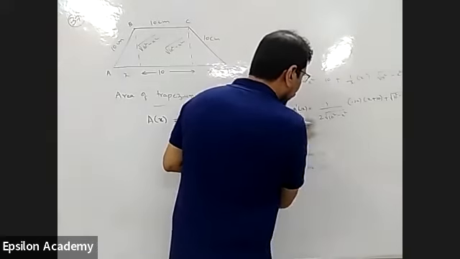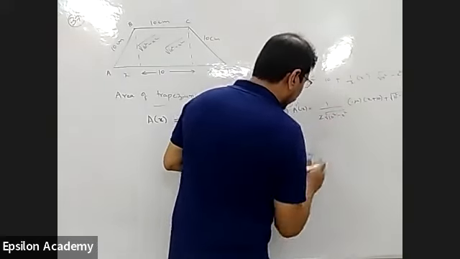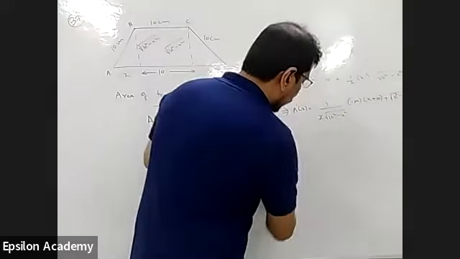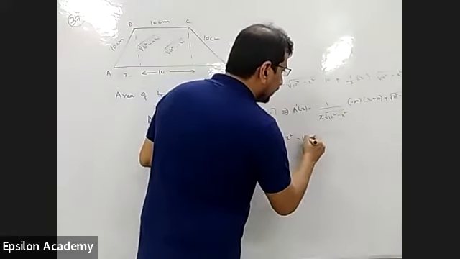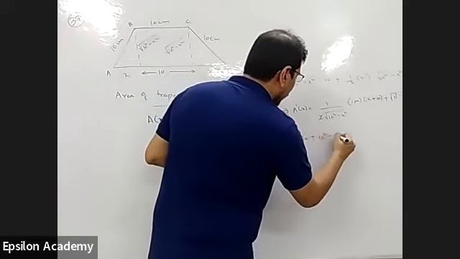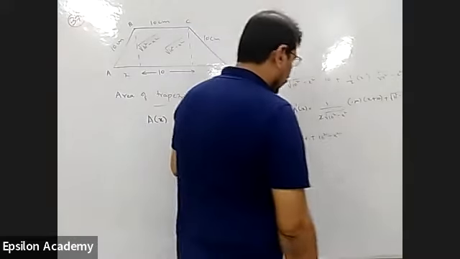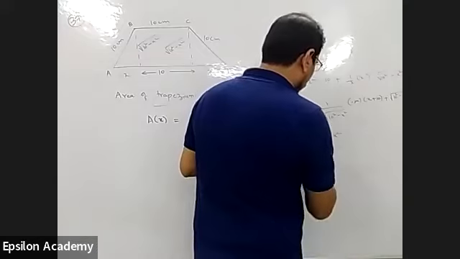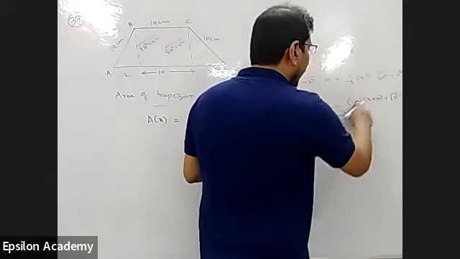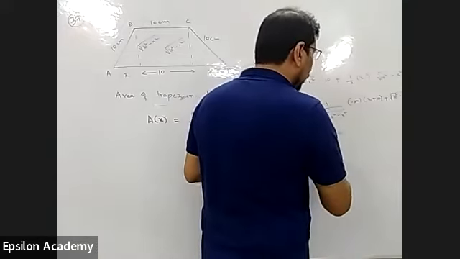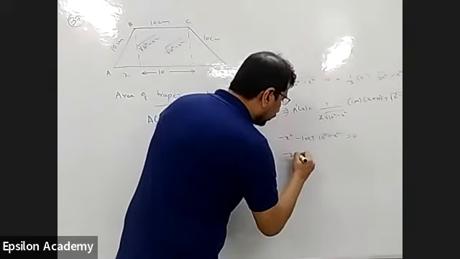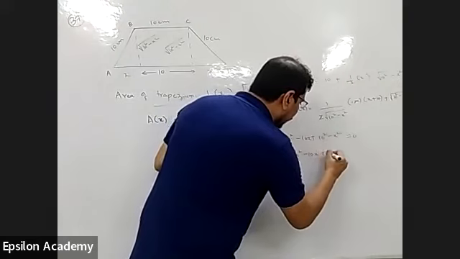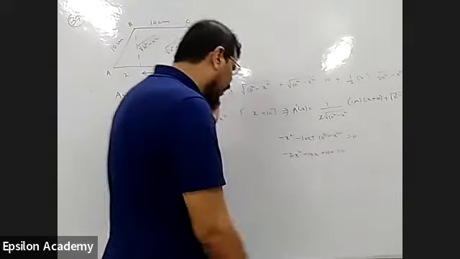Or what I can do is 2 and 2 can get cancelled. Correct? If you cancel those, minus x square minus 10 plus 10 square minus x square minus 10x, correct? Minus x square minus 10x plus 10 square minus x square is equal to 0. So minus 2x square minus 10x plus 100 is equal to 0. I'm getting the same thing again.